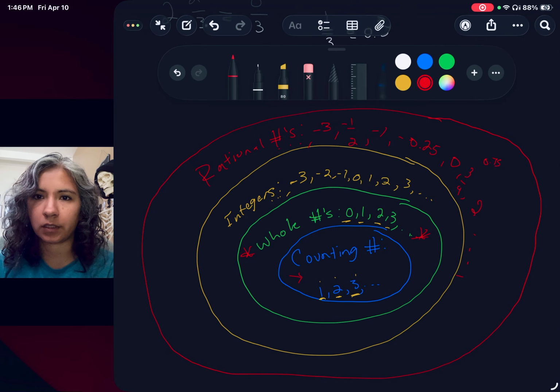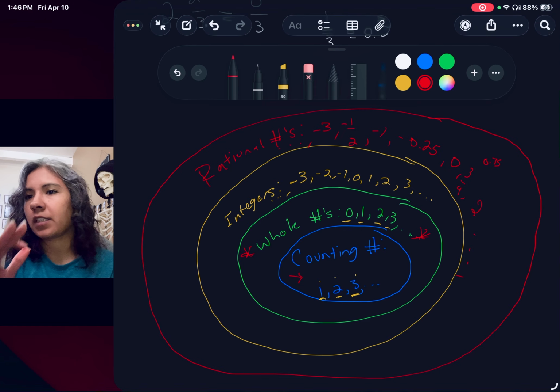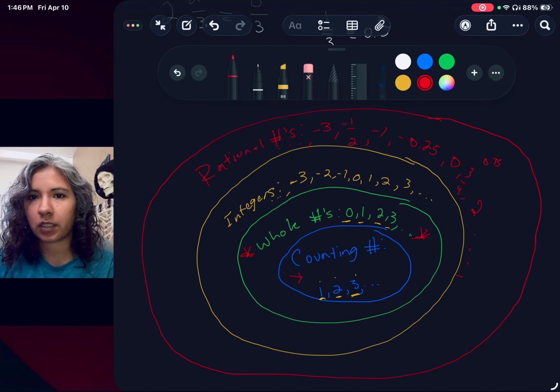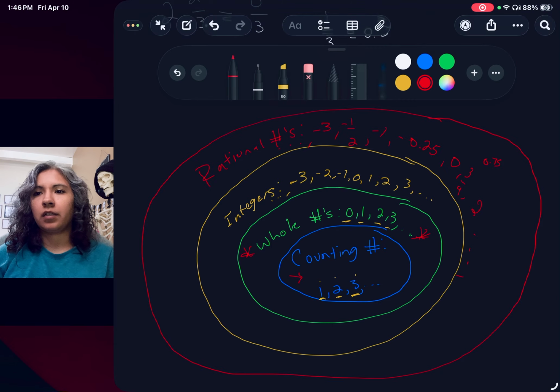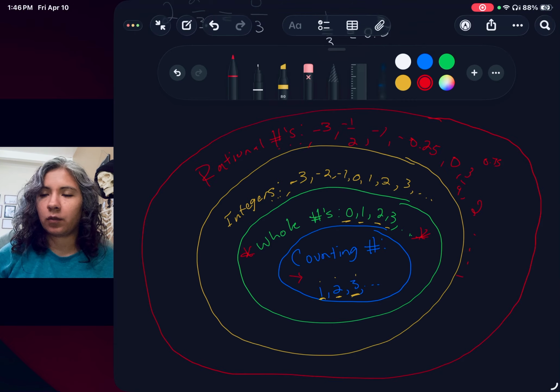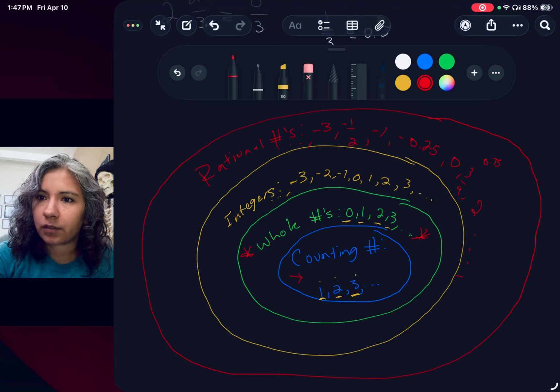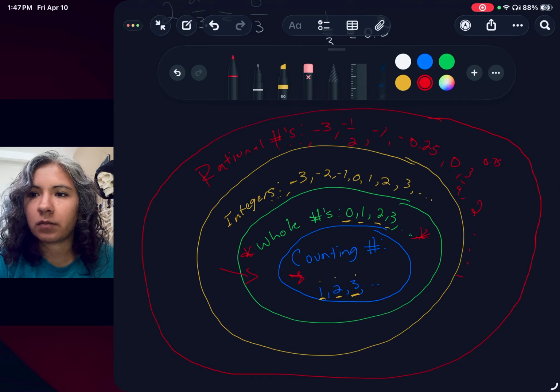It's not positive, it's not on the positive side of the number line. But whole numbers are also integers, and whole numbers are also counting numbers.